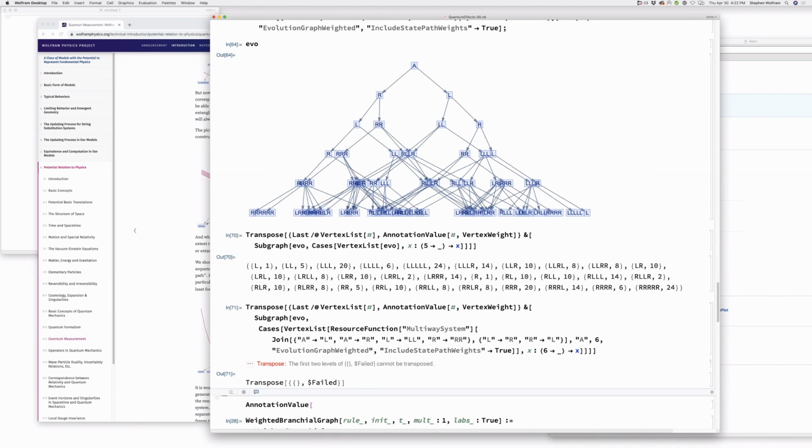What did I get wrong? Oh, subgraph EVO there. Drat. Yeah, I have to make that a function.